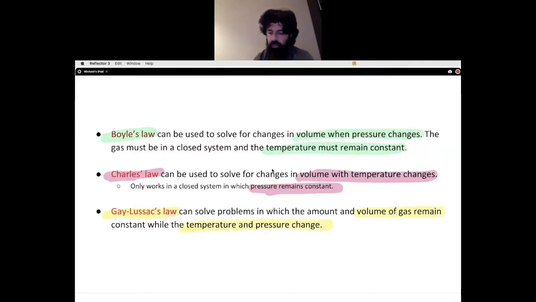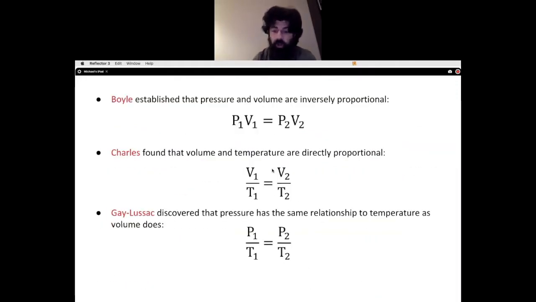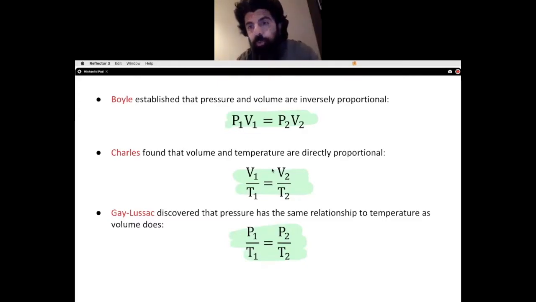So we looked at all of these formulas. We've looked at this formula, this formula, and this formula. And what we can do is put the whole formula all together.